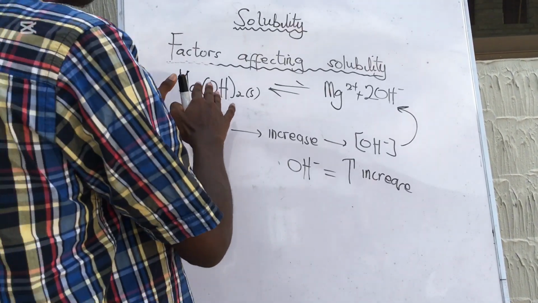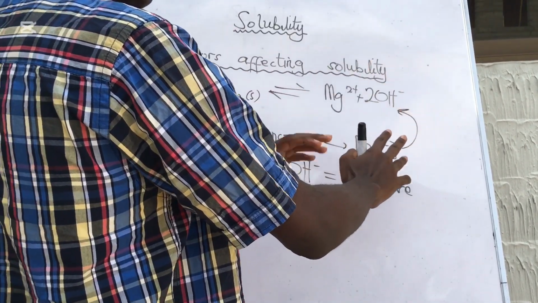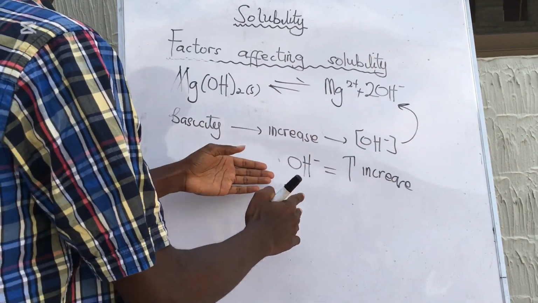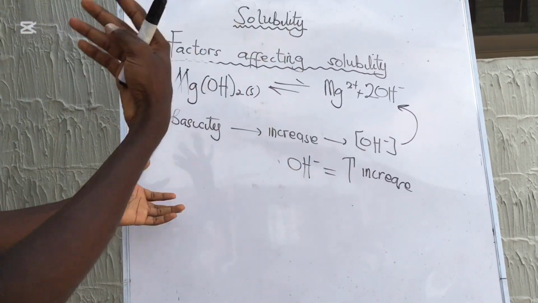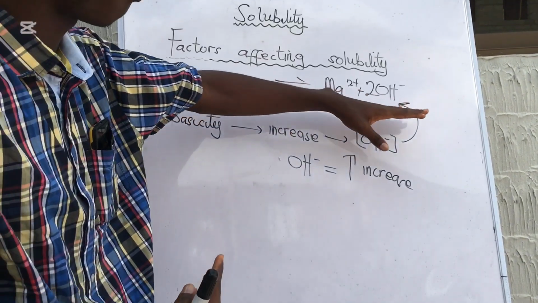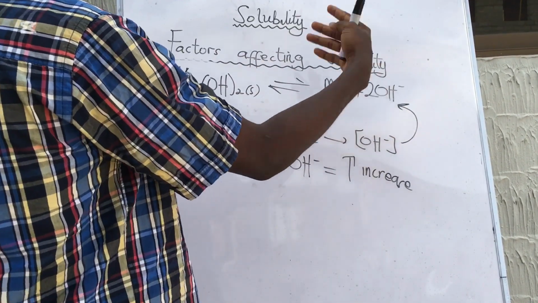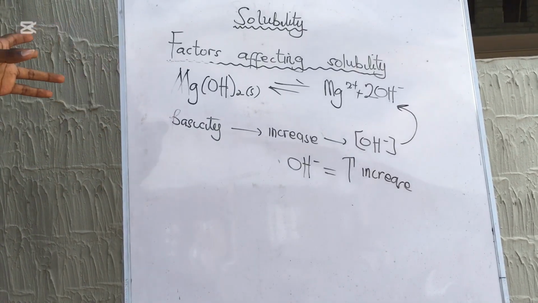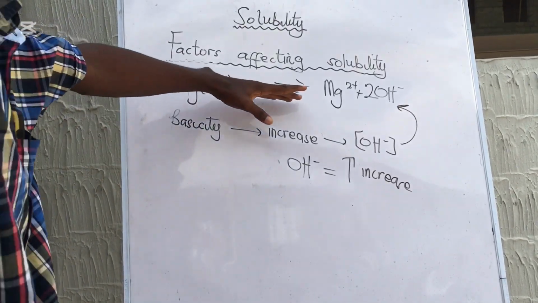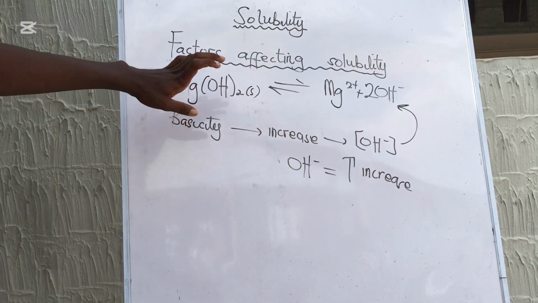So instead of having more of the salt dissolving, you are rather having more of the salt precipitating out, because now you are having more of the ions on the product side, and it's going to react with the magnesium or the cation to give you back your salt. So this is what we mean by the common ion effect and also the effect of pH.